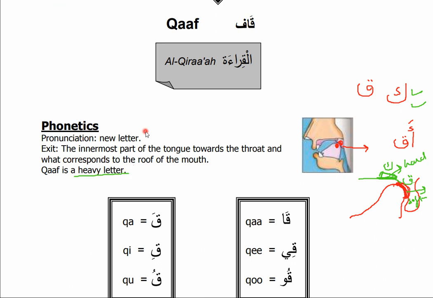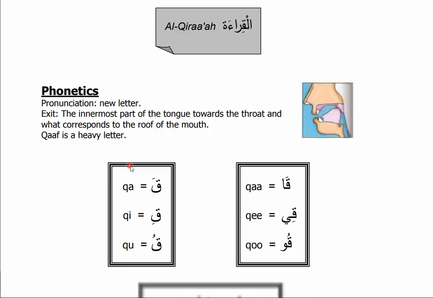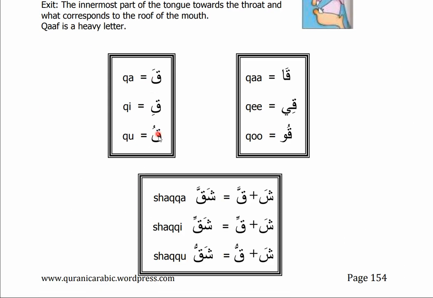So let's check with the rules and words, random words. Here you can see all these are the short vowels with the long vowels and with the shaddas. And I told you that qaf is a letter from qalqala. Qalqala means shaking.